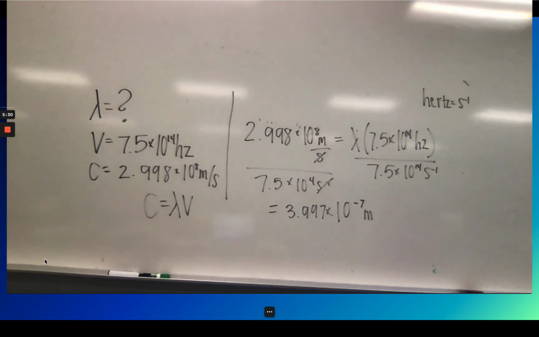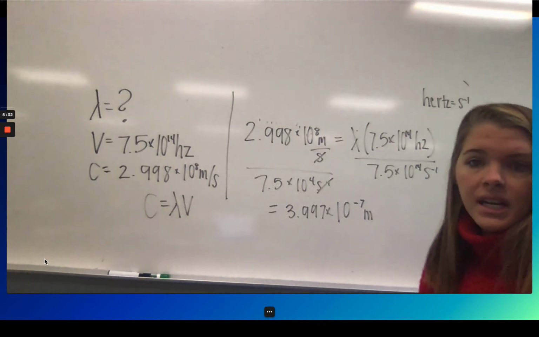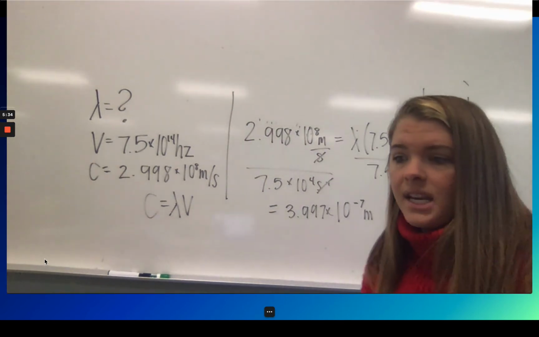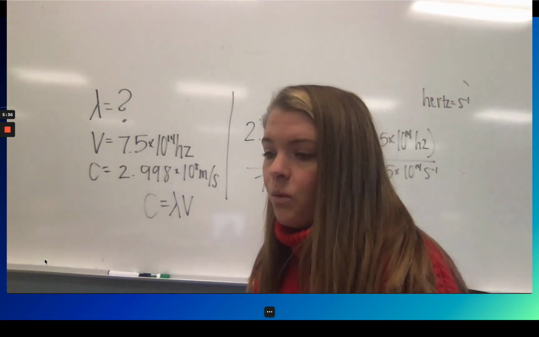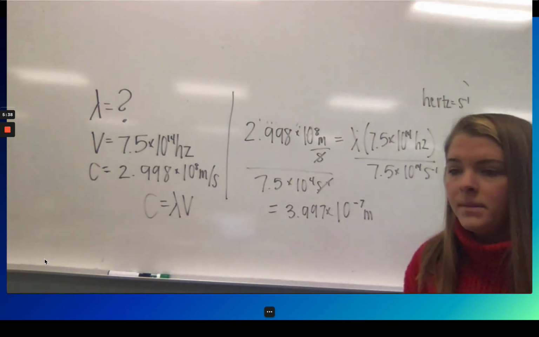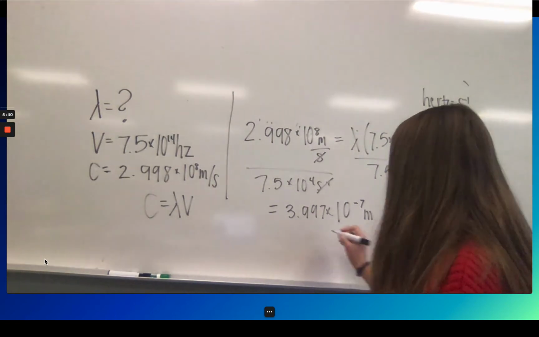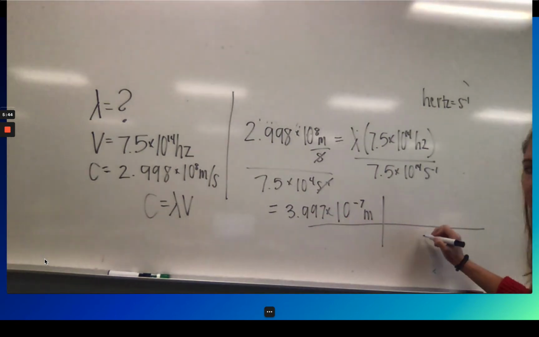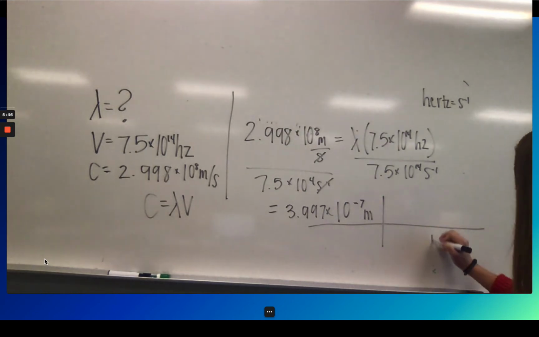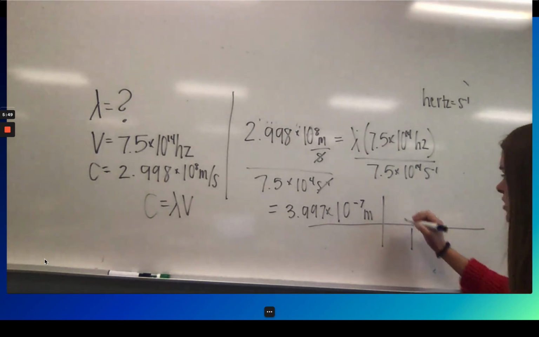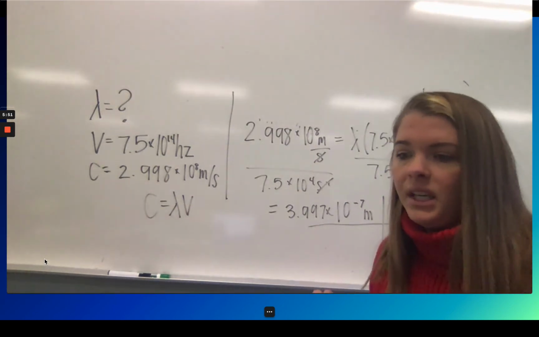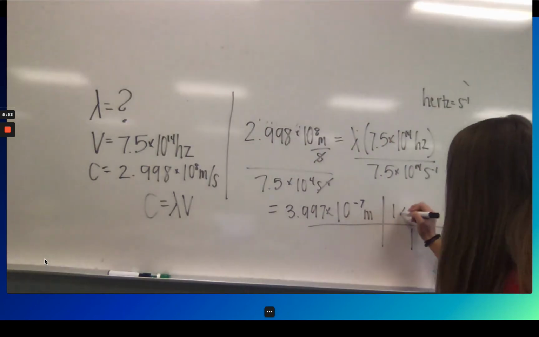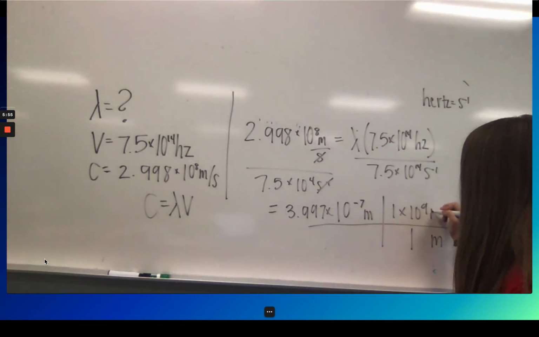If we were looking for our answer in meters, we would be done here, but remember it wants our answer in nanometers. And I told you that in 1 meter, there's 1.0 times 10 to the 9th nanometers. So remember, we've got to bring back dimensional analysis. We have meters on the top, we need meters on the bottom. So 1 meter is going to be equal to 1 times 10 to the 9th nanometers.